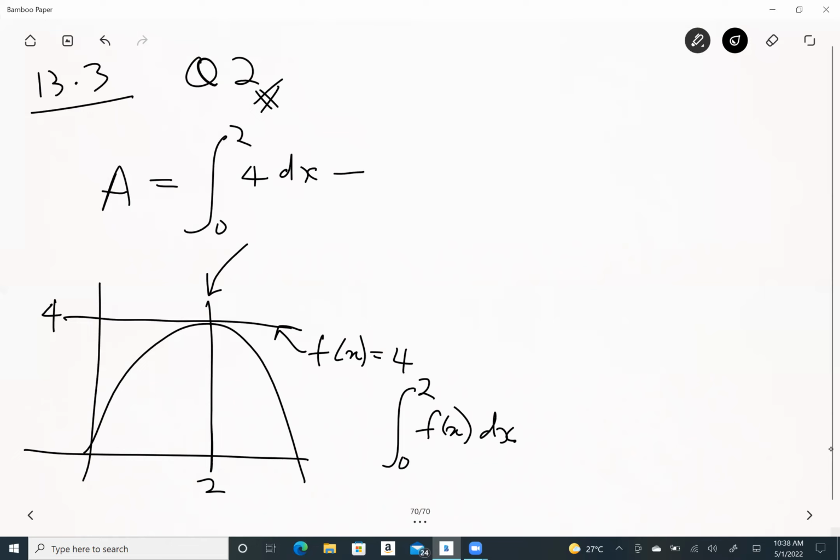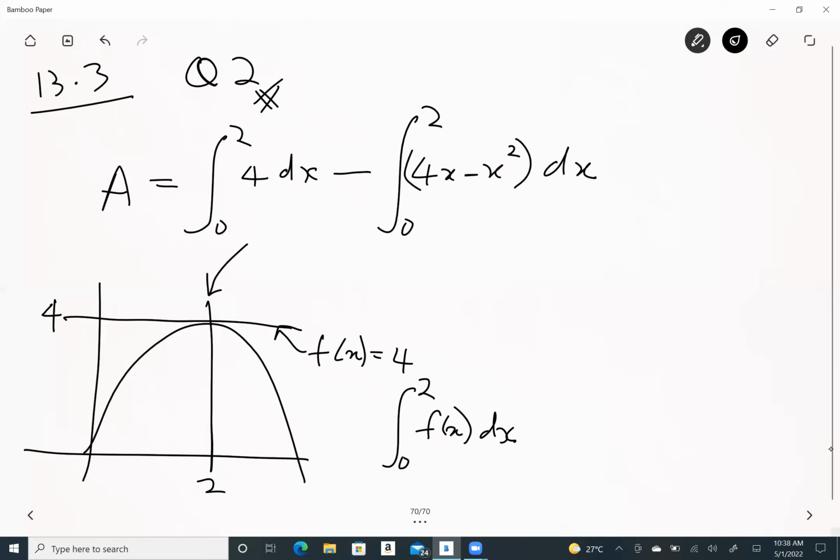Now I have to take out the area under what? The area under g. I have to take it out over the same interval, from 0 to 2. The area under g of x, which is 4x minus x squared. Put a bracket, that's the whole function, dx.